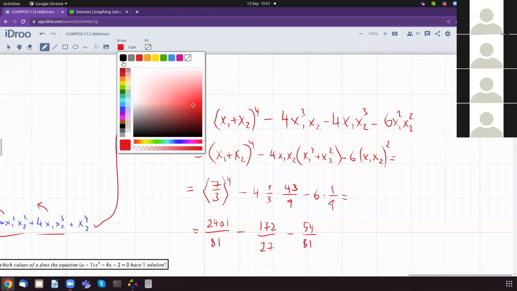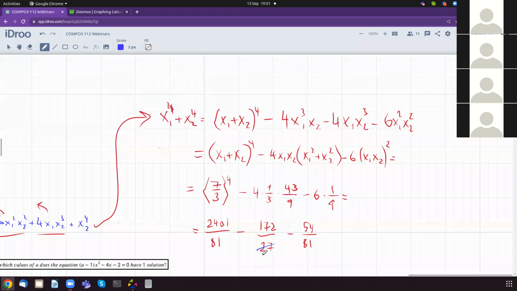And here, instead of 27, I want 81, so I want 3 times 172, which is 516.